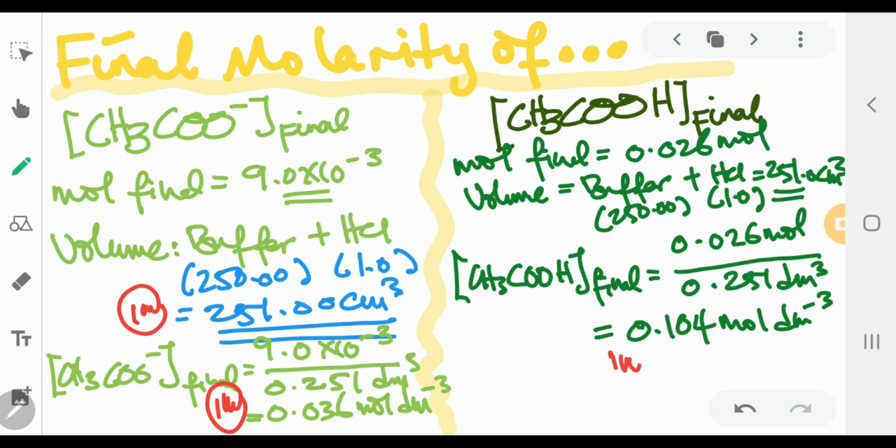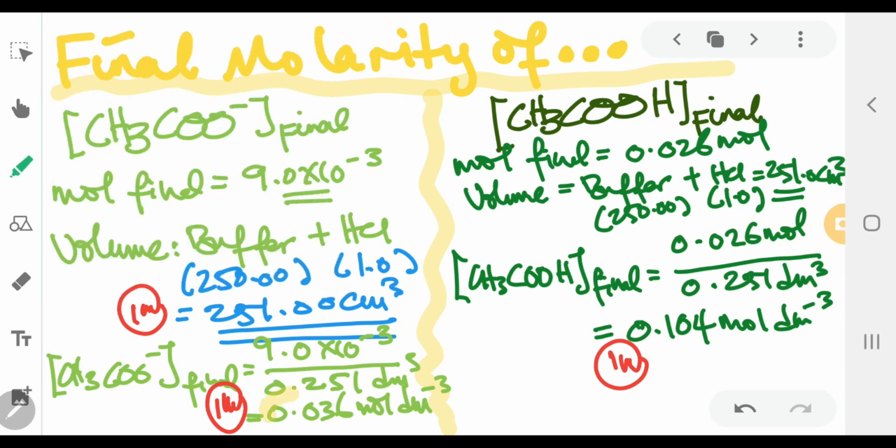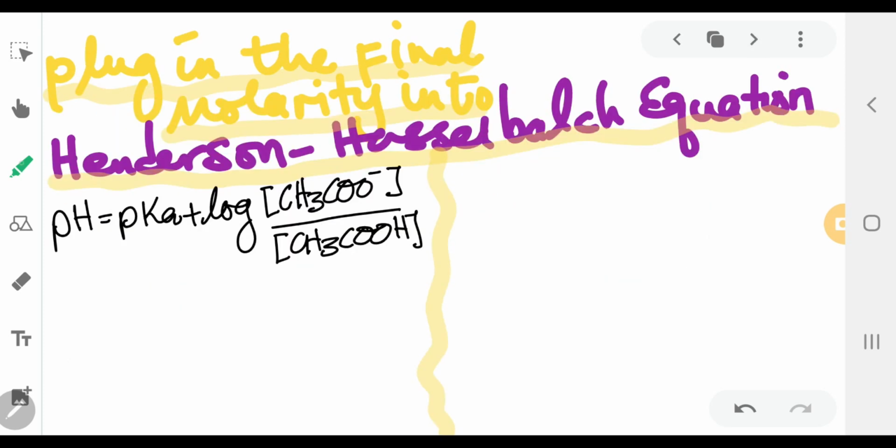You have 1 mark right there. So we're going to take this value and this value and plug them into your Henderson-Hasselbalch equation.